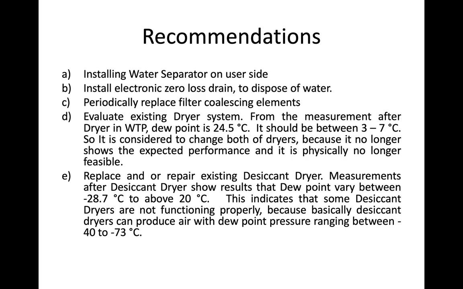The last recommendation is to replace and or repair the existing desiccant dryer. Measurement after the desiccant dryer, or absorption dryer, the other name of desiccant dryer, shows dew point varying between minus 28.7 degrees Celsius to above 20 degrees Celsius.